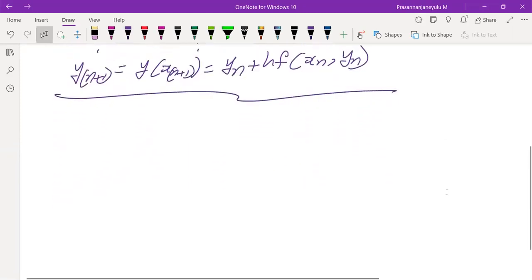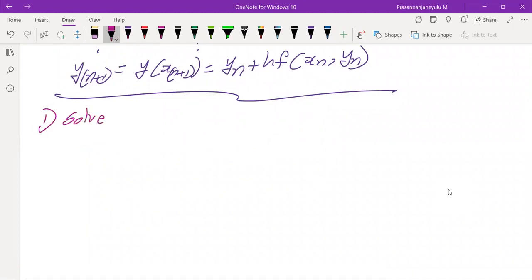Now we are going to discuss a problem on Euler's method. Solve y dash equals x plus y, given that y of 0 equals 1.